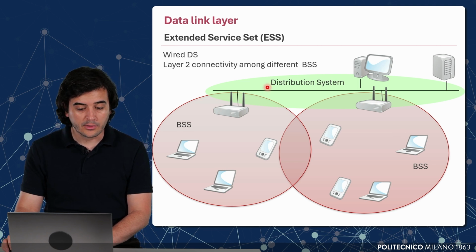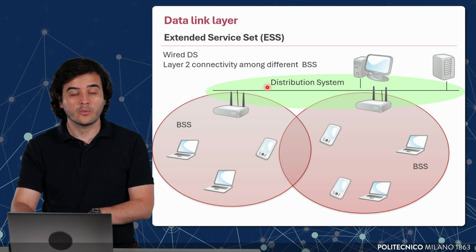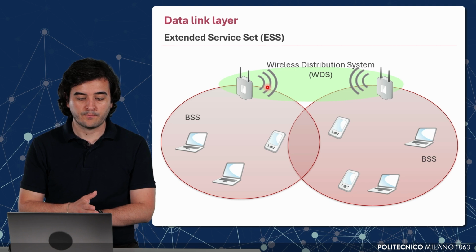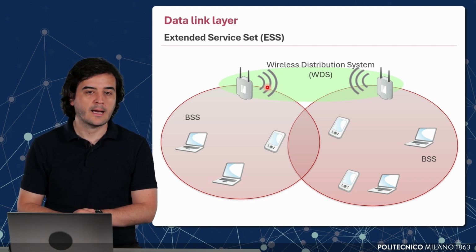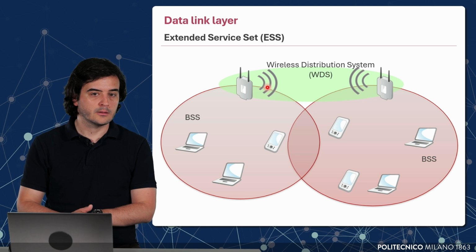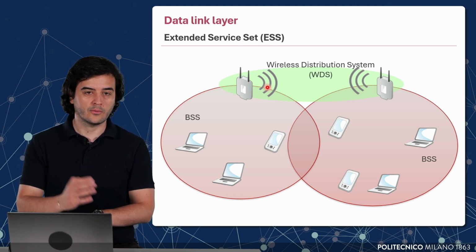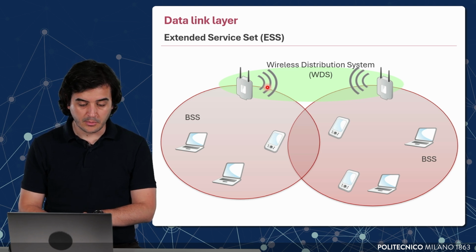In fact, when we talk about the distributed system, we don't necessarily mean that the connection should be a wired connection. It can also be a wireless distribution system in which the corresponding access points in the basic service set communicate with one another through the wireless domain or through the wireless transmission media.